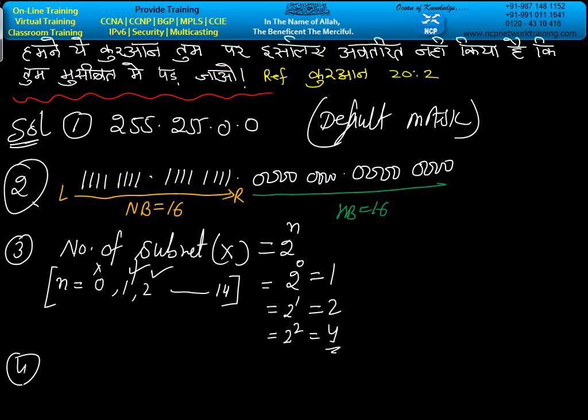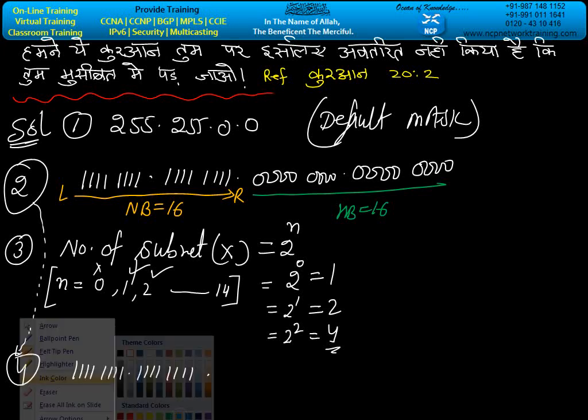In case of step 4, we will write the first 16 bits of the network, that is predefined, we cannot manipulate it in case of subnetting, and we are getting our requirement number of subnets at n equal to 2.